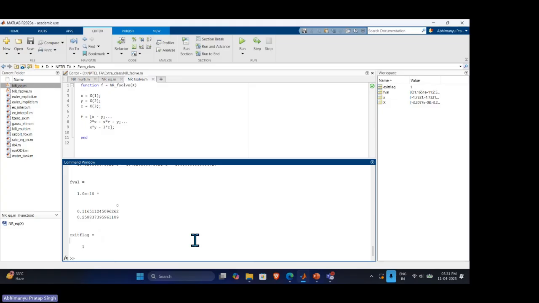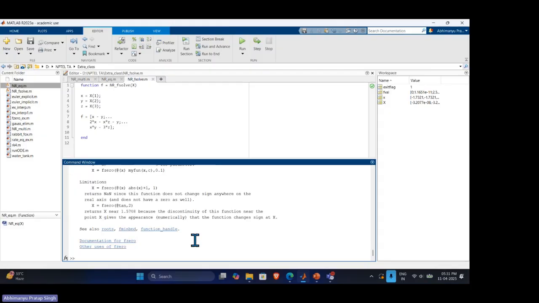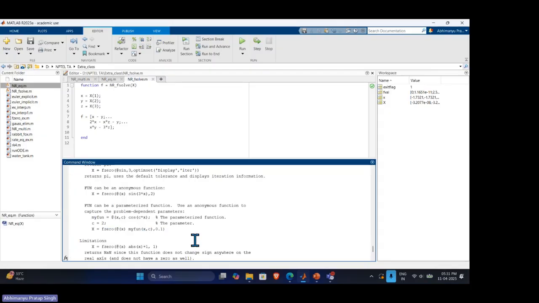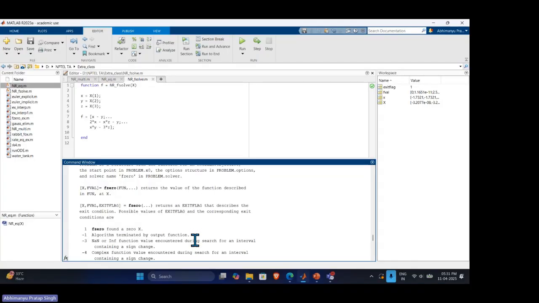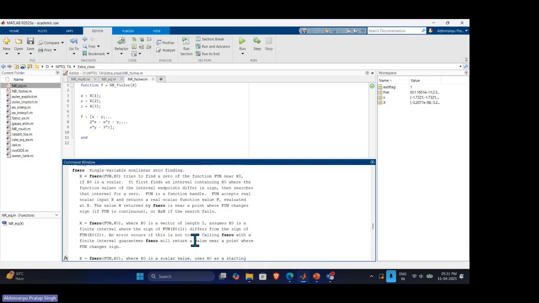Similarly, we have fzero also, but fzero is for the single variable. fsolve is for the multi-variable case, and fzero is for a single variable. fzero, single variable nonlinear zero finding, tries to find a zero of the function near x0 if x0 is a scalar.